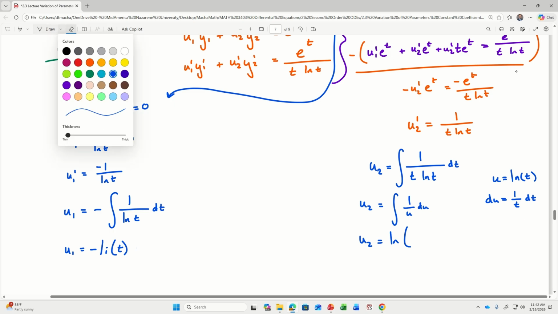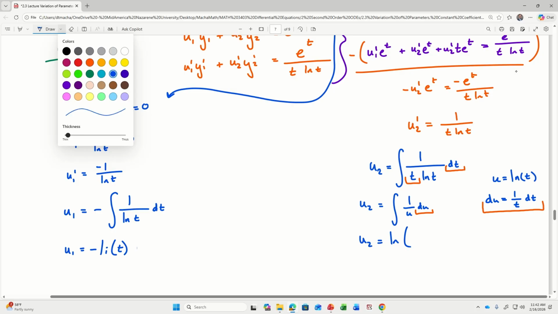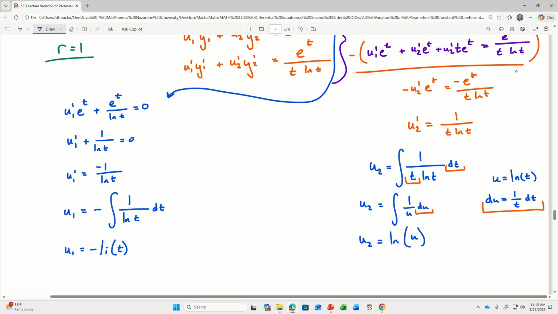Yeah, I'll color code it so you can see it a little easier. I need to replace this dt with du. And when I do that, it actually grabs the 1 over t dt and changes it out for a du. Okay, now the antiderivative of 1 over u would be natural log of u. And the natural log of u is the natural log of the natural log of t.